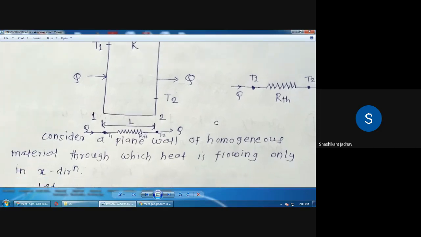So write down, consider a plane wall of homogeneous material through which heat is flowing only in the x direction.